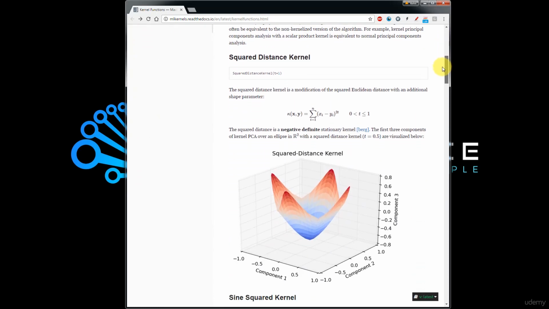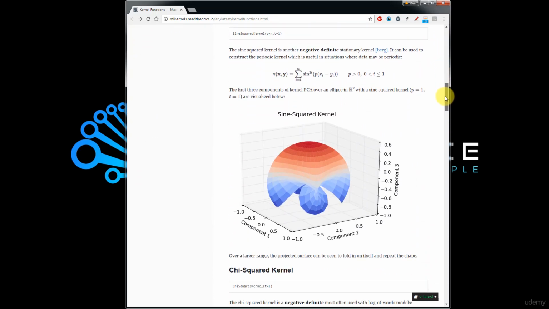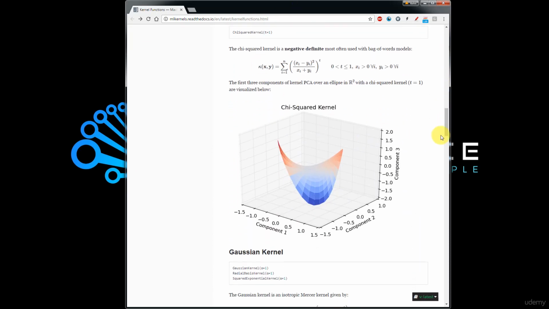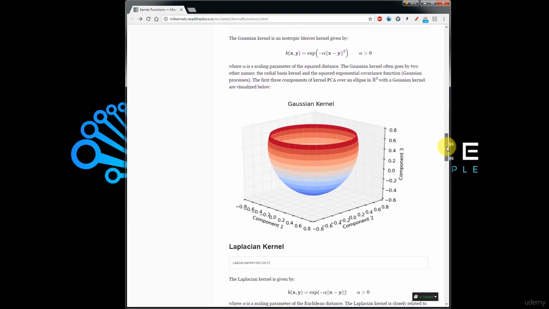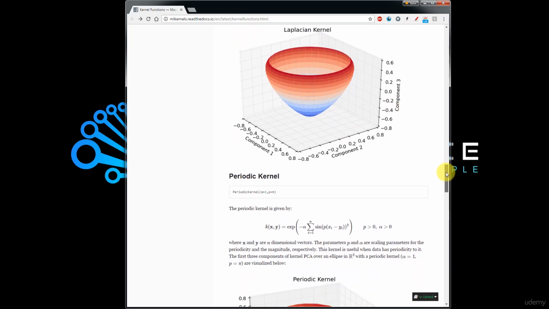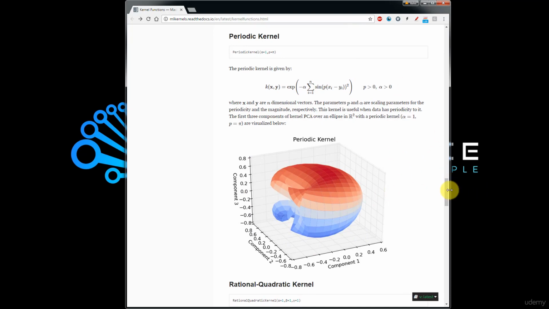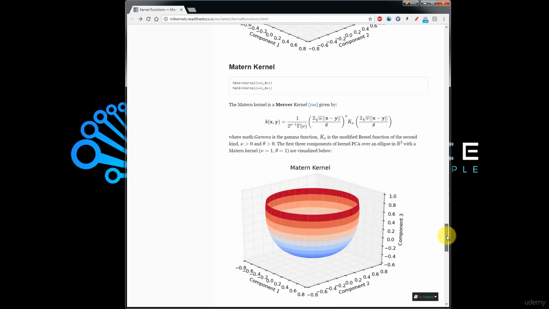So if you scroll down, you'll be able to find some very interesting different types of kernels in a 3-dimensional space. You would need to read more about the way they design them and how the formulas work. They're a bit different to what we discussed, but nevertheless, this gives you a good overview of the kernel functions that exist and that sometimes are used.